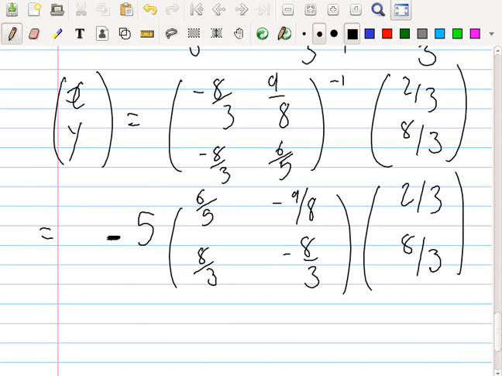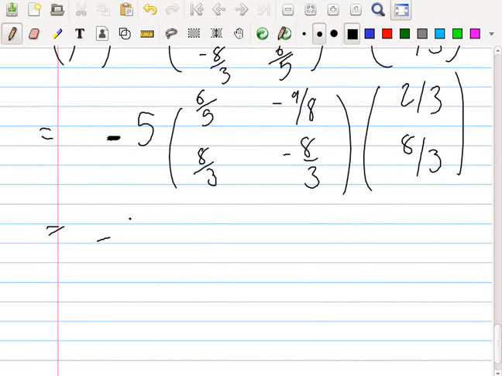Now back to the calculator for the next piece. Okay, 6 over 5 times 2 over 3 minus 9 over 8 times 8 over 3, which is minus 11 over 5. 8 over 3 times 2 over 3 minus 8 over 3 times 8 over 3.